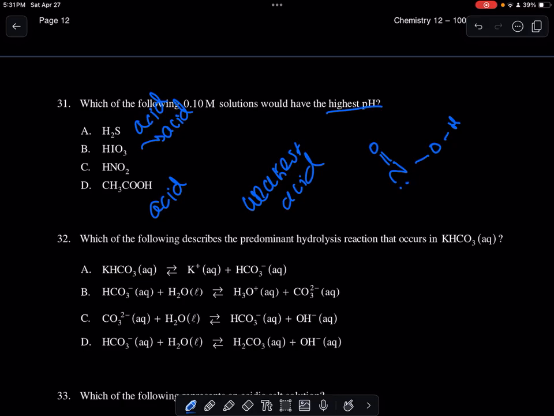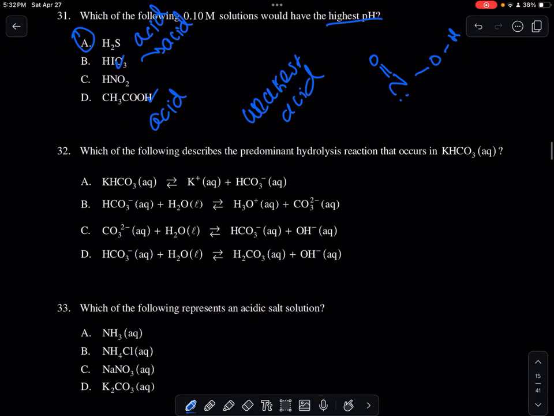That's the diagram of HNO2, just for your information. And so, in this case, our weakest acid should be here. This is strong. This is still weak, but it's stronger than H2S.